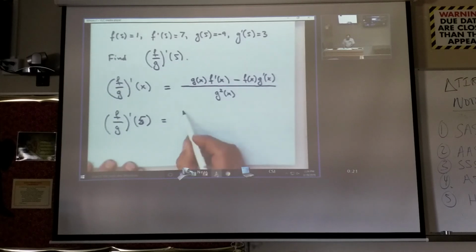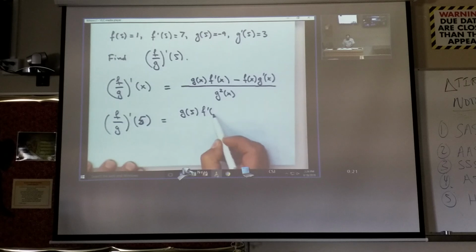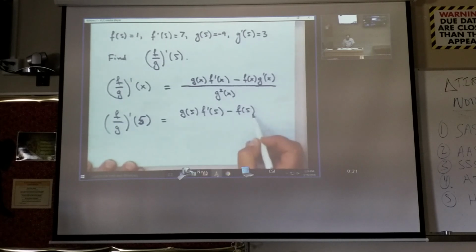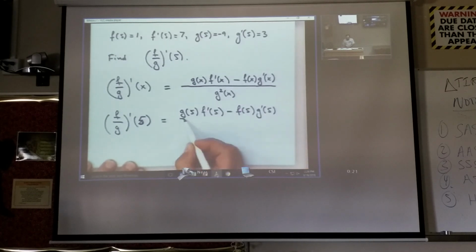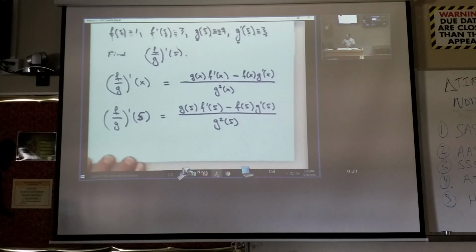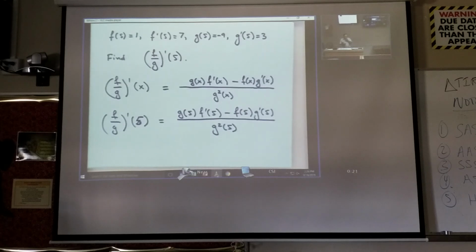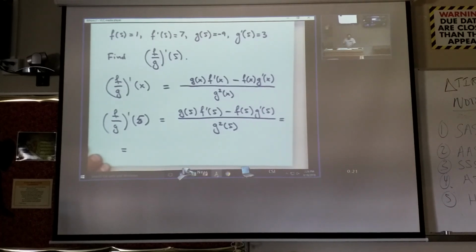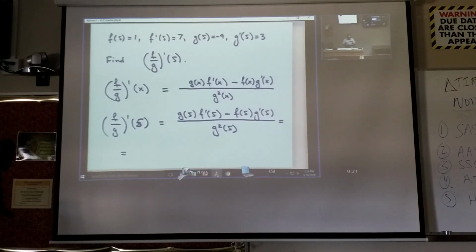So now what do I have? I have g of 5, f prime of 5, minus f of 5, g prime of 5, over g squared of 5. Then we look at this expression and pick the values, plug them in. What is g of 5? It's negative 9, right?